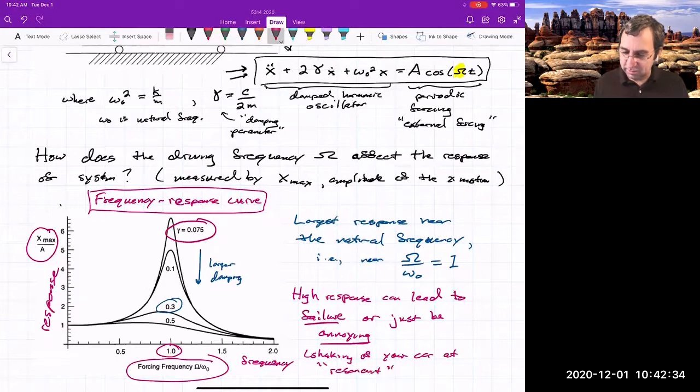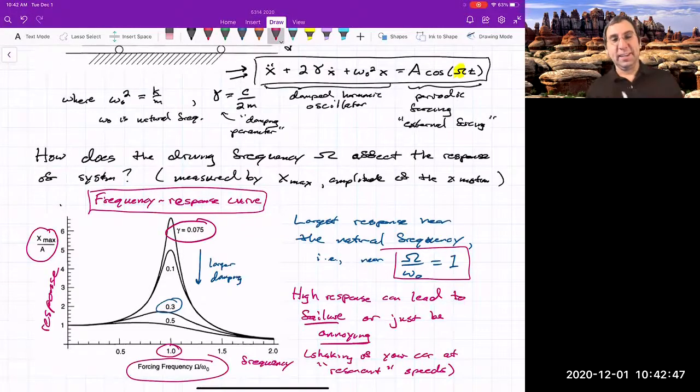I haven't even used the term resonant, but here we would say that omega, big omega, close to omega naught, our driving frequency, is in resonance. This is only showing right near 1, but you could have cases where if you drive a system at twice its natural frequency, you'll still get a response. There's all kinds of things related to frequency response curves, and we're not going to go into all of that.